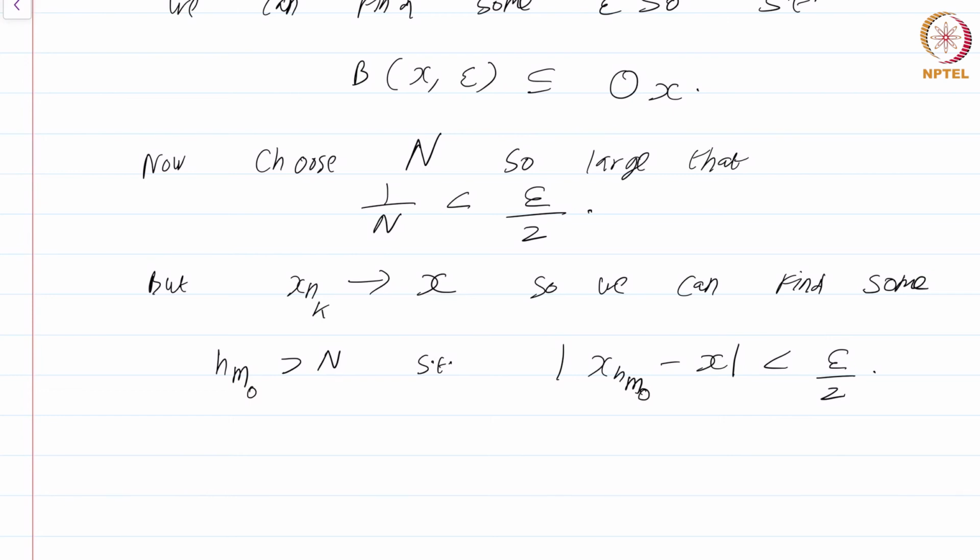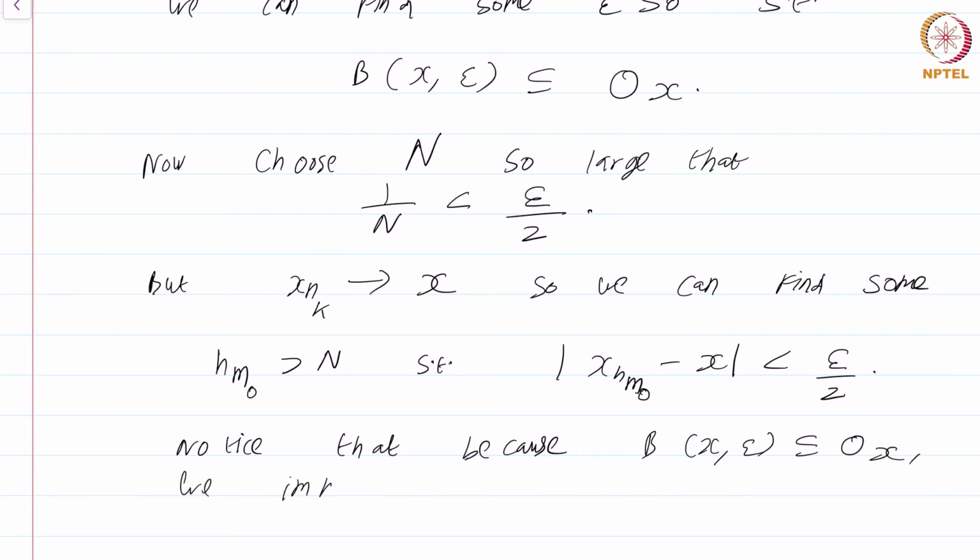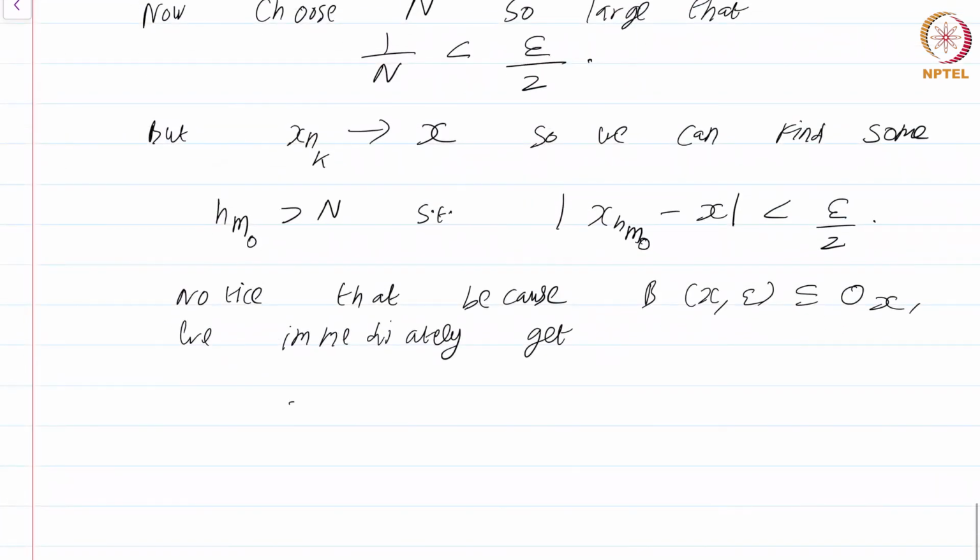Now, notice that because b x epsilon is contained in Ox, we immediately get x nm naught is an element of bx epsilon, and this is a subset of Ox.